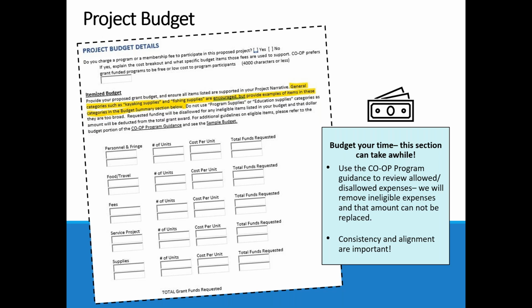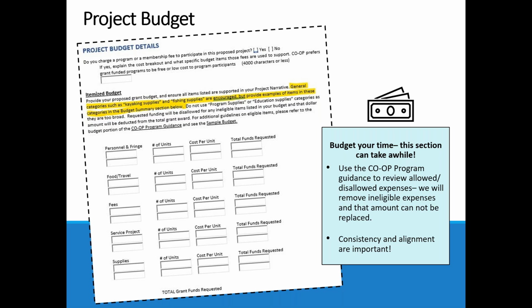Oftentimes, we'll read through an application and we'll get to the budget, and the budget has all kinds of fishing supplies and archery equipment. Yet in the SMART goals, in the narrative, there was not any discussion at all about fishing in the programs or archery in the programs. So you want to make sure your budget reflects the project that you've described in the rest of the application.